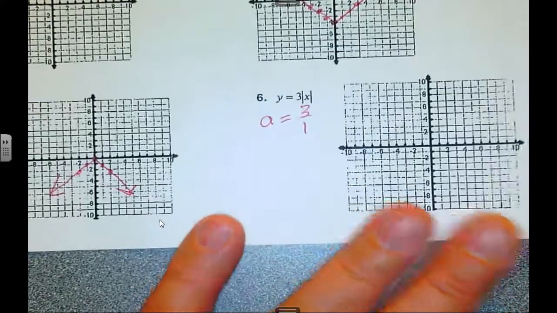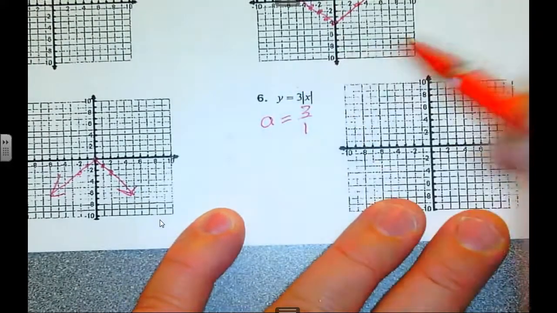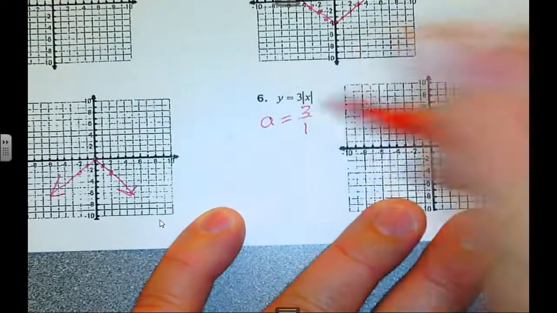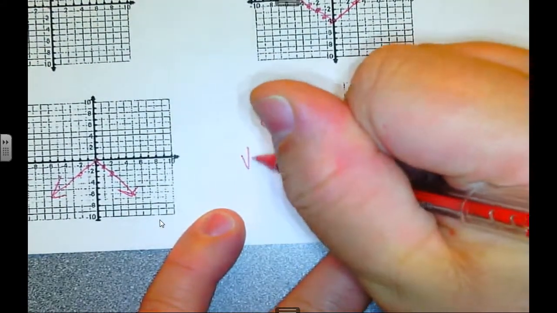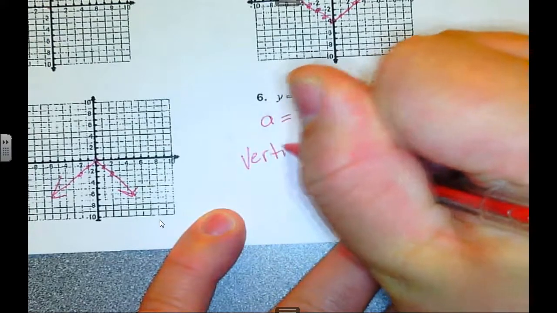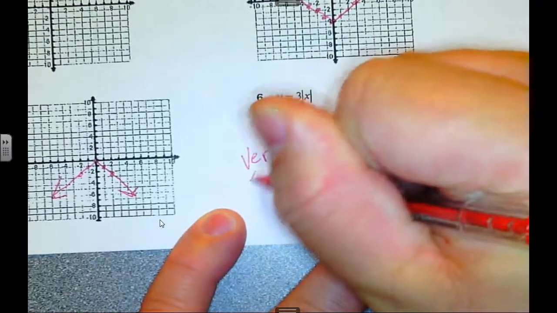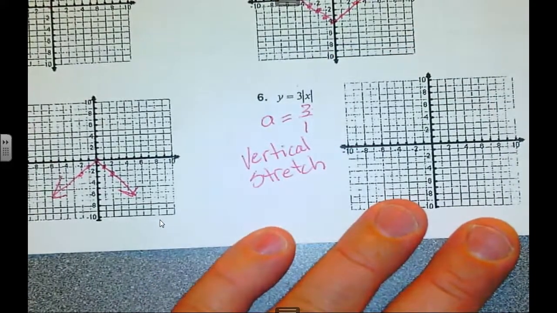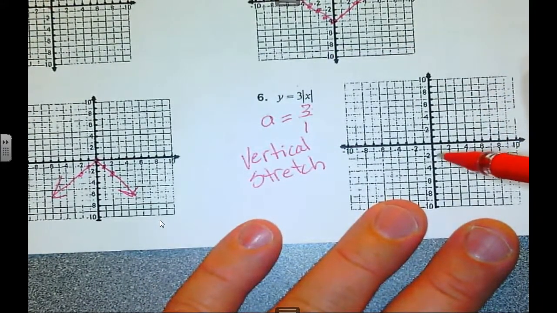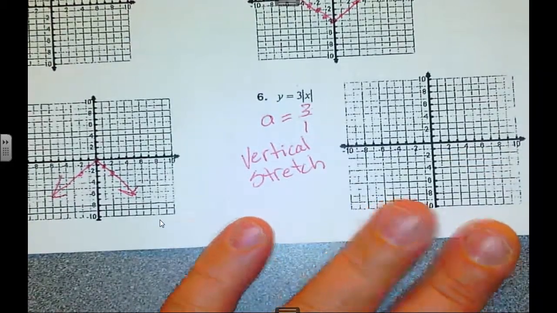And let's do one more. This whole number here is greater than 1. Now my slope is 3. It's actually going to tell me to vertically stretch this. So, vertical stretch. This one I may want to do on a calculator, because these are kind of hard.